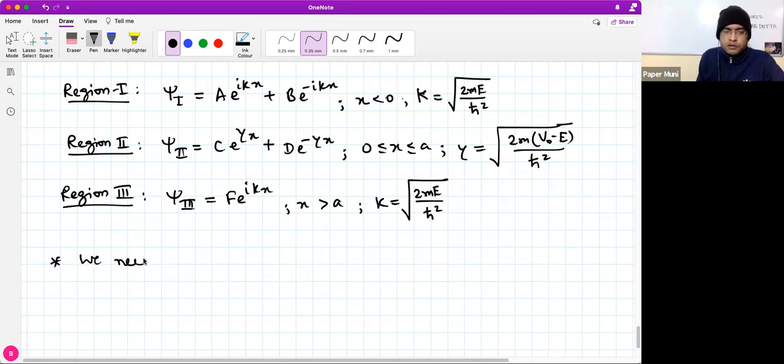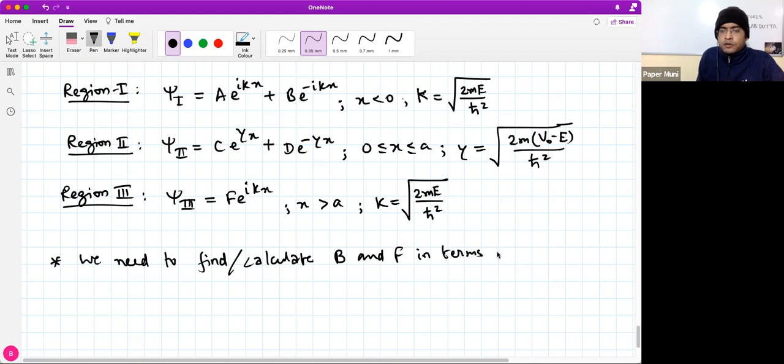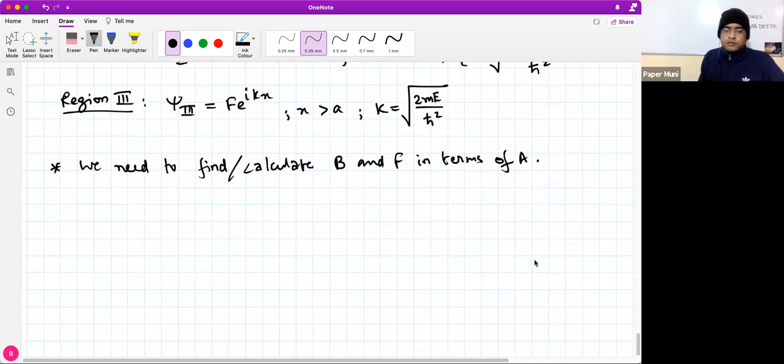In this case, we need to calculate B and F in terms of A. So we need the boundary conditions.